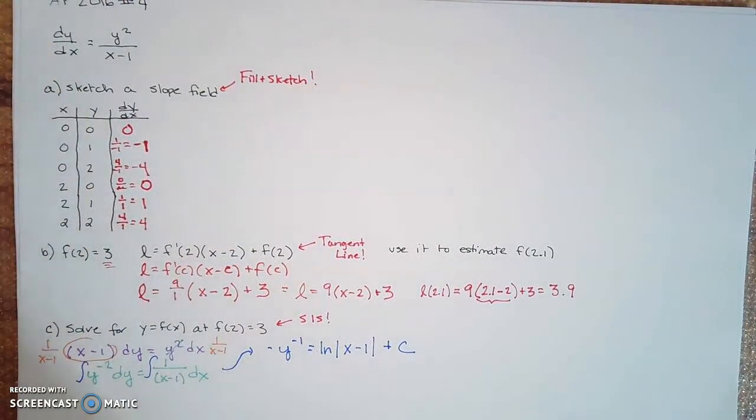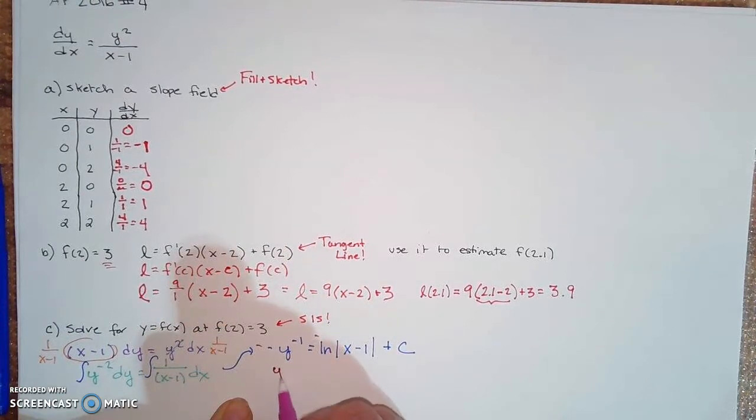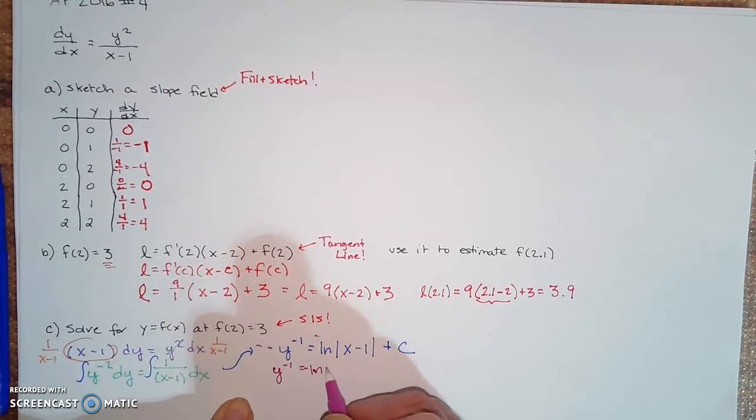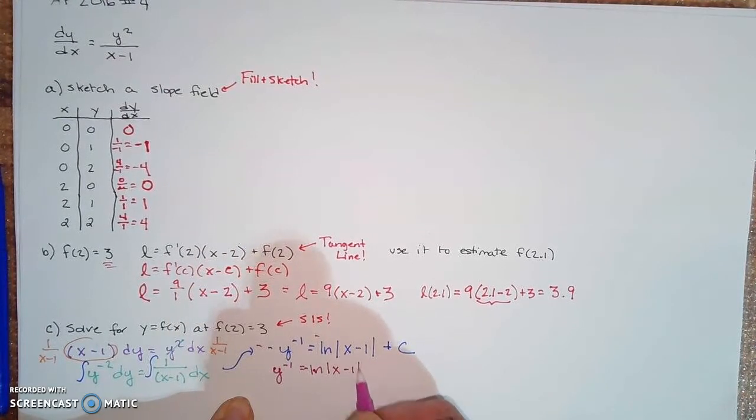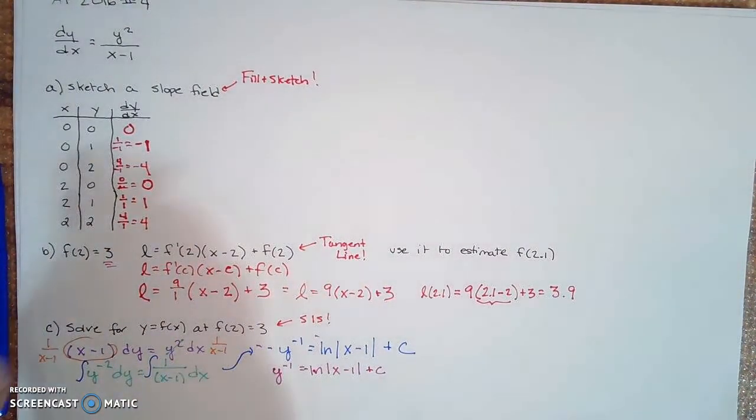And that's enough for the general solution. If you want to get y by itself, some people feel the need. I'll multiply both sides by negative y, by a negative sign. And I will get y to the negative 1 equals negative ln of x minus 1 plus c. You notice I didn't change it to a minus c. I can if I want to, but it's kind of like having a c1 here and another c in there. The minus sign just gets soaked in.